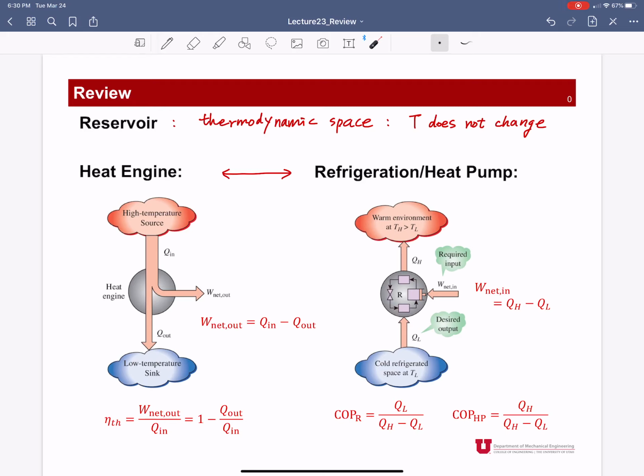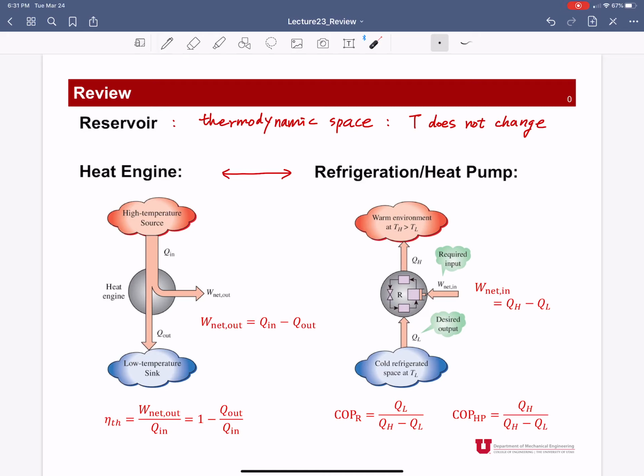For heat engine, the required input should be heat input to the heat engine. So by applying the first law of thermodynamics to the equation of W net out, we can get the thermal efficiency expressed in terms of 1 minus Q out divided by Q in.